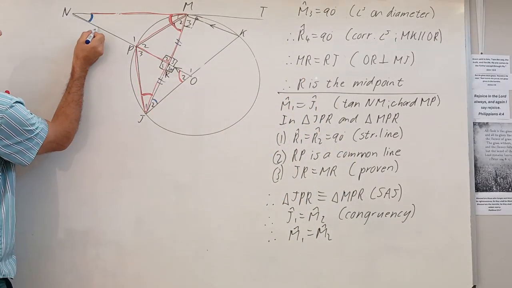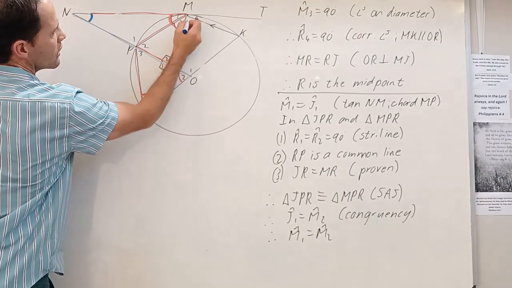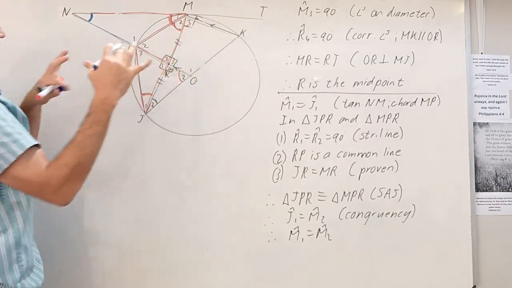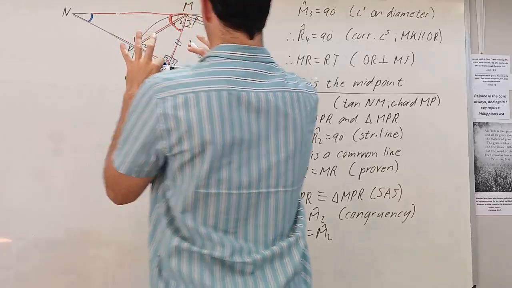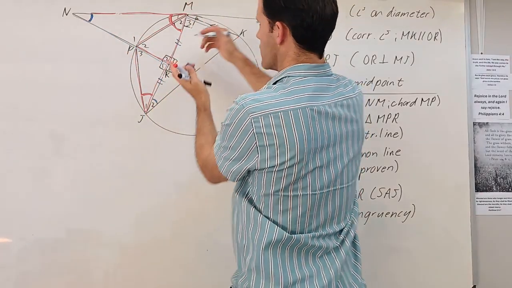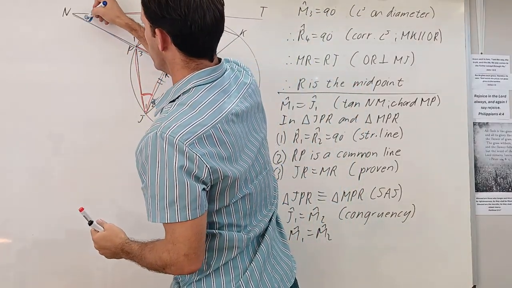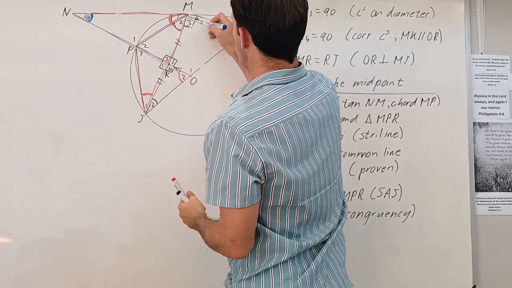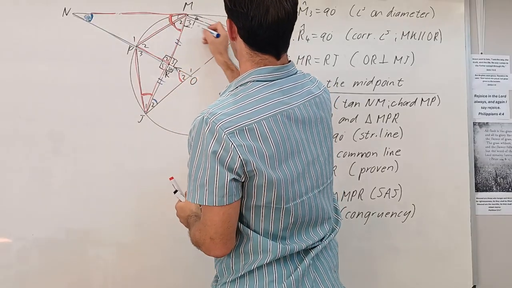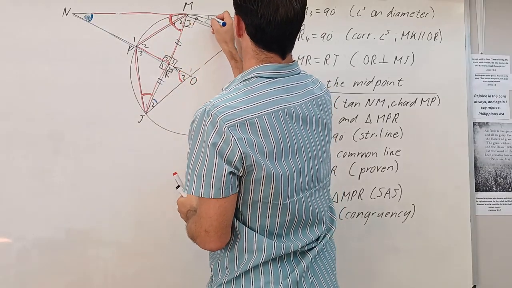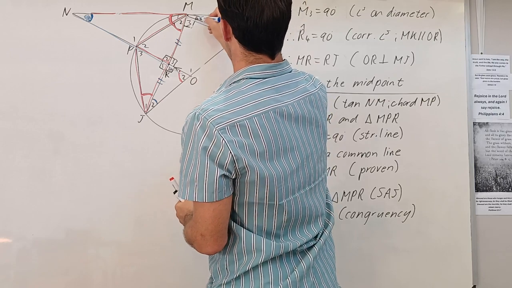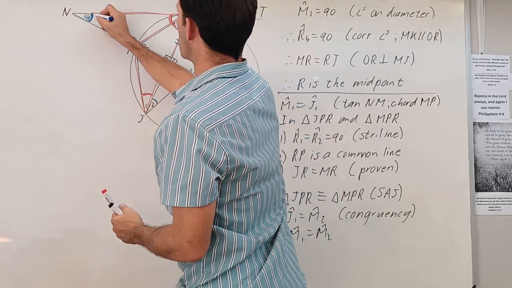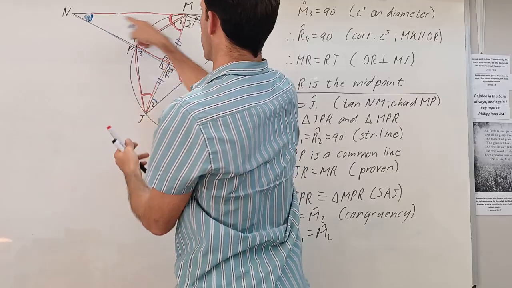And this is a parallel line that goes this way and this way. So if you zoom out a bit and look at the parallel lines, then this angle should be equal to, from the parallel line, this angle. That one should be equal to that one, because again, it's corresponding angles.